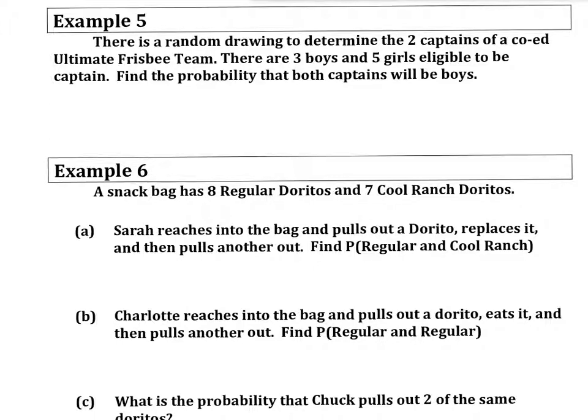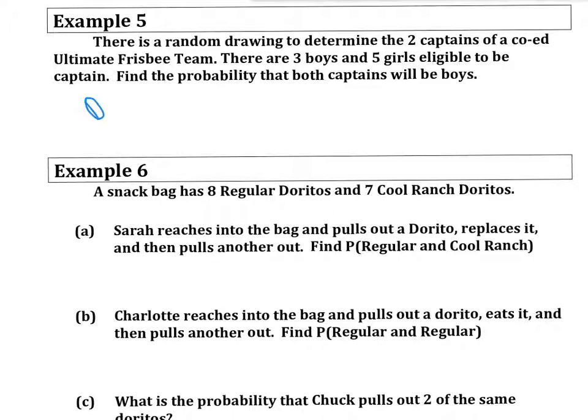So what we have to consider here is that we want both of them to be boys. This is clearly going to be dependent events, and the reason is when you make your first selection, that will affect the second selection because it not only takes out one of the people, so it could affect your favorable outcomes, but it also will affect your total.